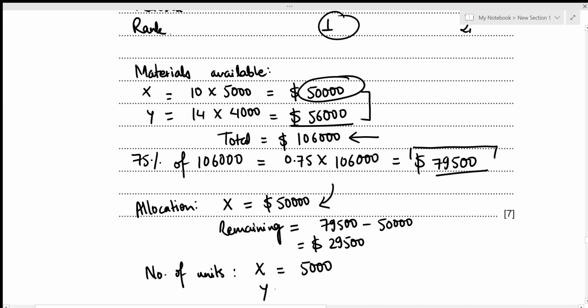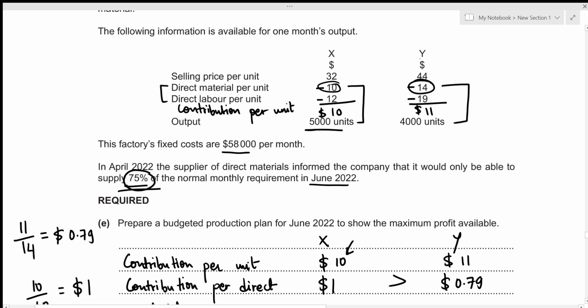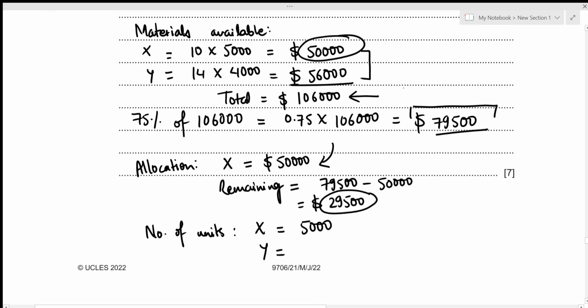But for product Y, we are only investing the direct materials of 29,500, right? And we can see that the direct material per unit is 14. So we can easily figure out our number of units, right?